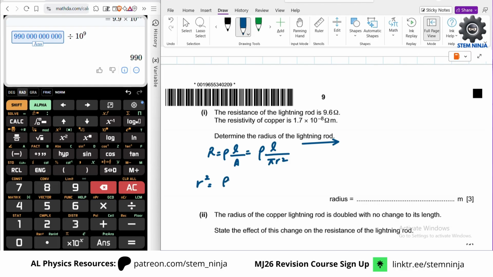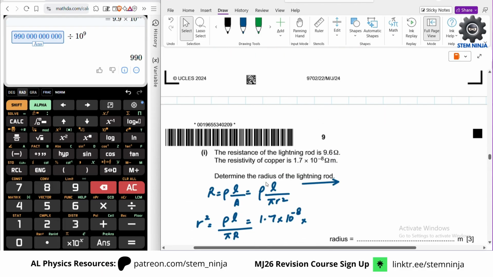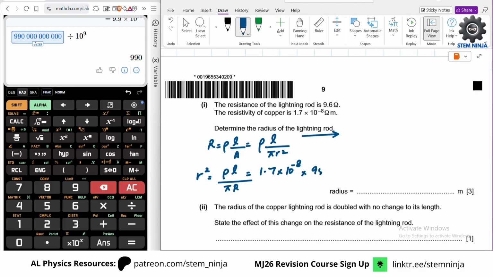You would have rho L over pi R. Resistivity is 1.7 times 10 raised to the power minus 8. Length is 95 meters, right? Yeah, 95 meters. Pi, and resistance is 9.6.